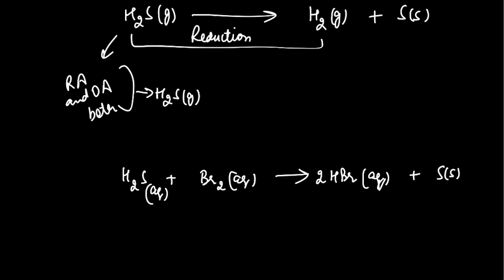Now in this, we need to figure out which element is undergoing oxidation. Over here, sulfur is removing hydrogen. Removal of hydrogen is oxidation.